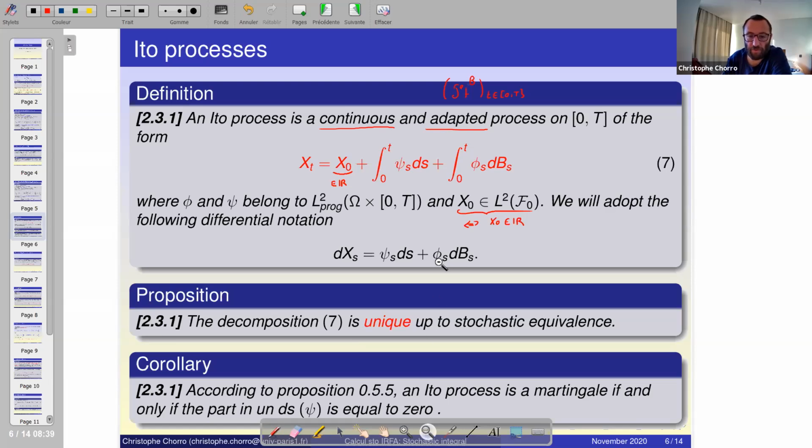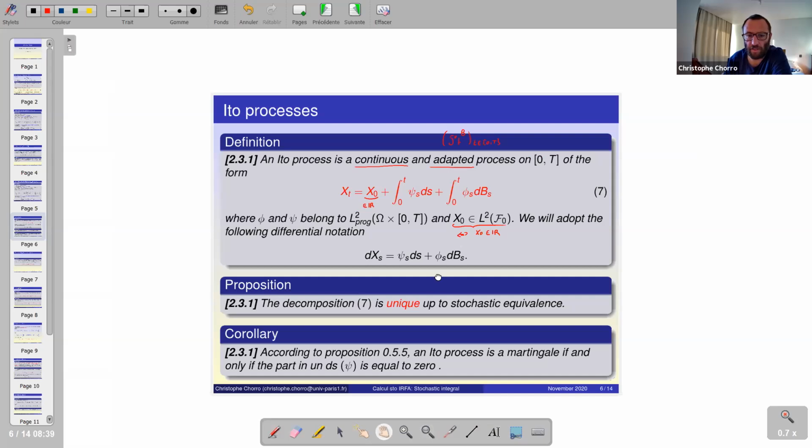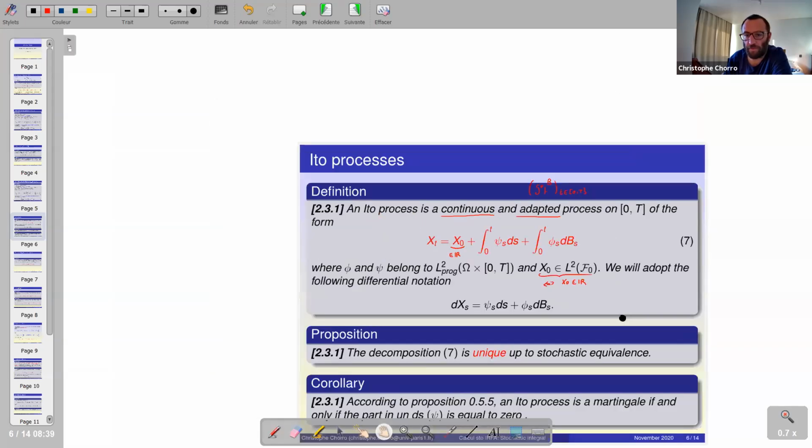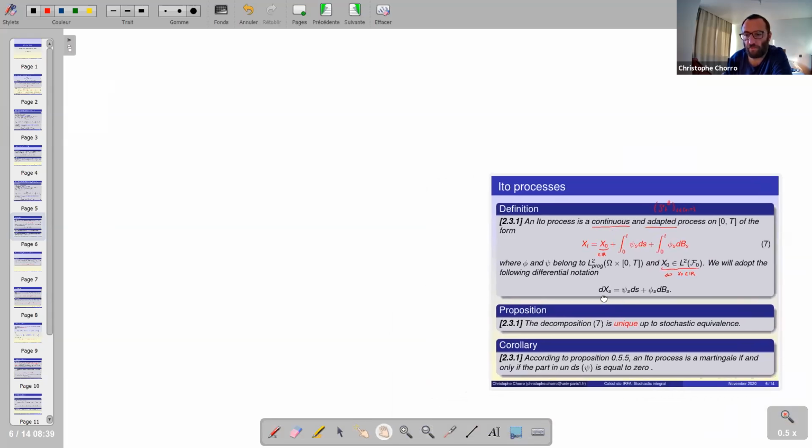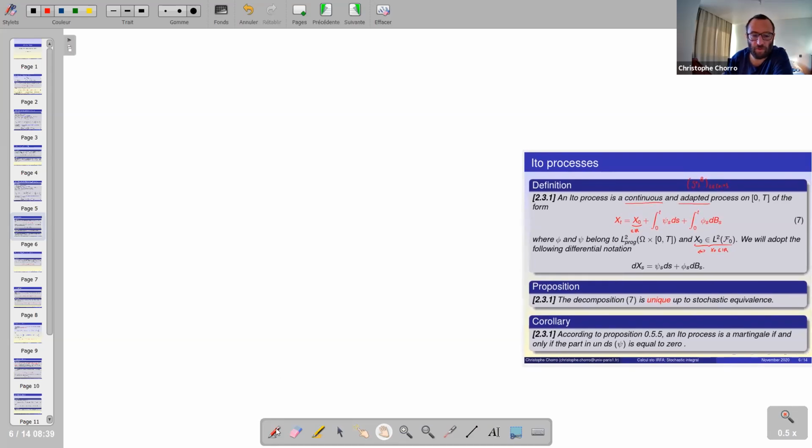So let me see an example of what may be an Ito process. Well, of course, maybe the most famous Ito process is the Brownian motion. If I take the Brownian motion, Bt, I can write it in the following way. It is 0 plus the integral between 0 and t of 0 ds, plus the integral between 0 and t of 1 dBs.